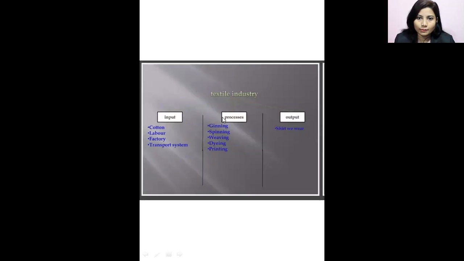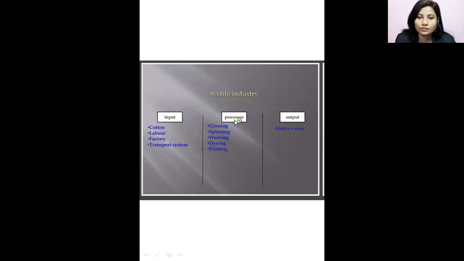Here the input, process, and output in the textile industry: the input is cotton, of course required because it is a textile industry. Labor is required, a factory is important, and a transport system from one place to another, that is from the industry to the market. Then the process is ginning, spinning, weaving, dyeing, and printing.